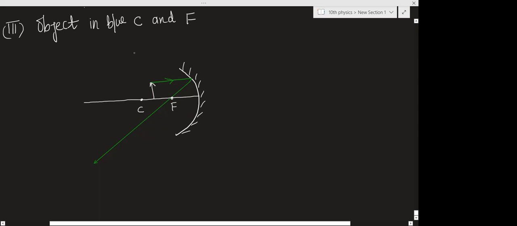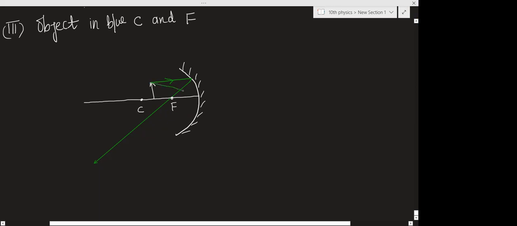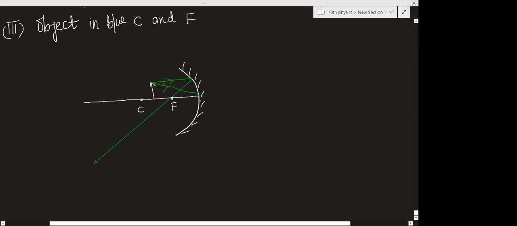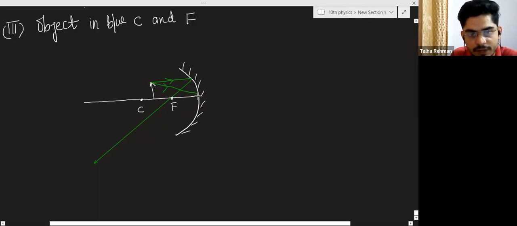Now another ray from this is incident on the pole, and after the reflection, this ray will go like this. We have already discussed.